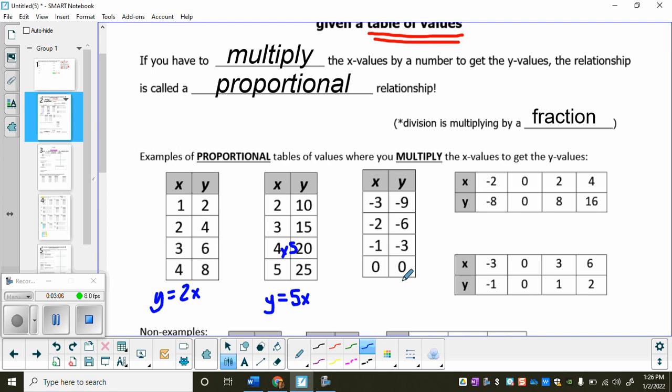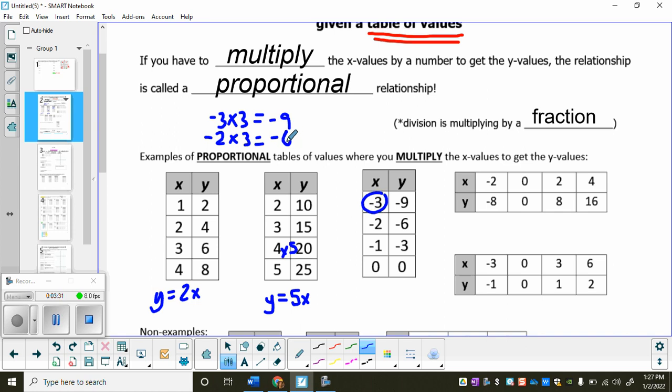All right, for the next one, we've got some negatives, and I don't want the negatives to throw you off. If you take a negative 3 and just multiply it by a 3, you do get negative 9. Okay? If we take negative 2, if I did negative 2 times 3, I will get a negative 6.